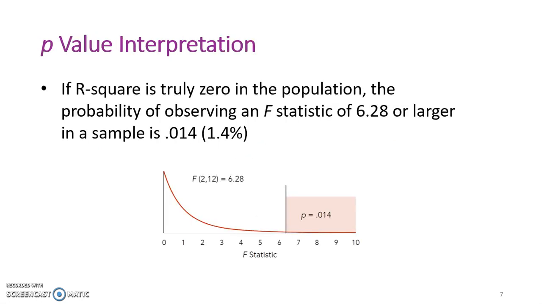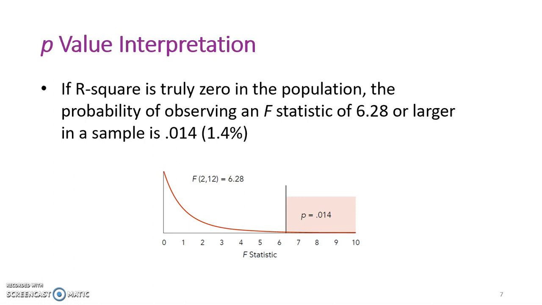Now, the way that we interpret the p-value for this omnibus F test is that, because we're talking about the hypotheses in terms of R square, we would say that if R square is truly 0 in the population, the probability of observing an F statistic of 6.28 or larger in a sample is 0.014, or a 1.4% chance.